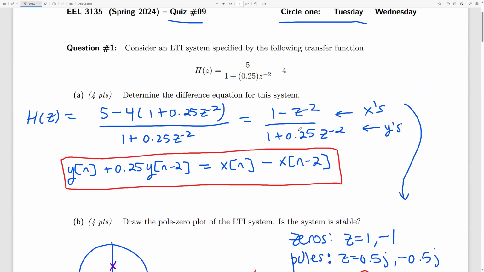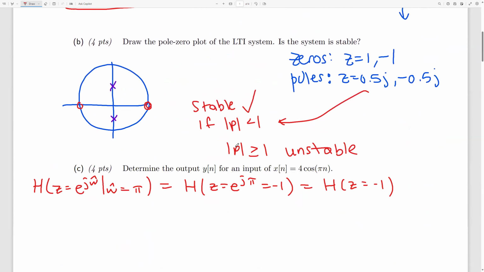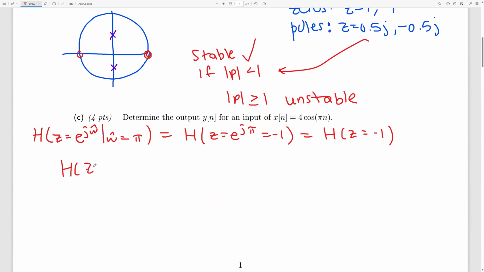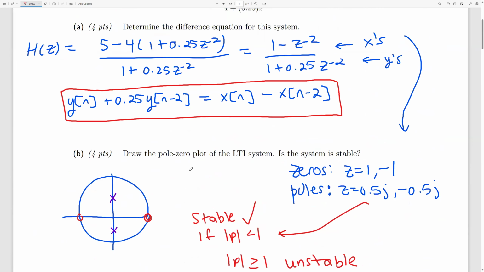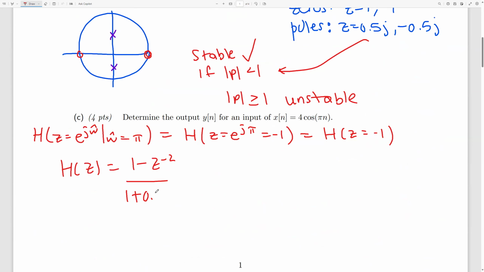So when you have H of z equals 1 minus z to the negative 2 over 1 plus 0.25 z to the negative 2, you're going to plug in z equals negative 1, and the numerator is 0, and the denominator is non-zero.